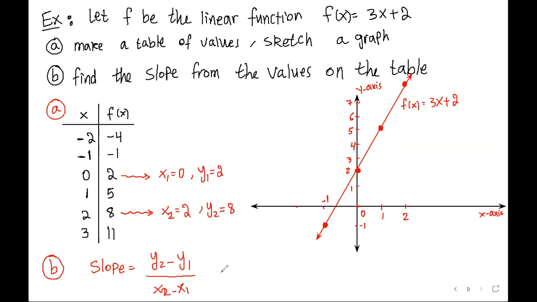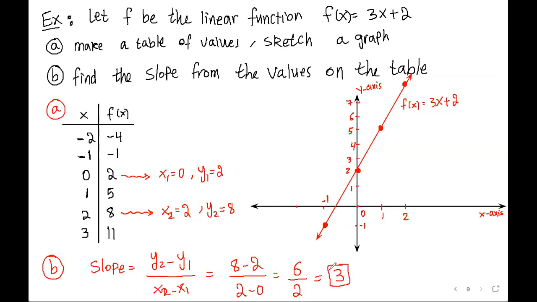Plug into the formula y2 minus y1, 8 minus 2, over x2 minus x1, 2 minus 0. I get 8 minus 2 is 6 over 2, and that gives me 3.